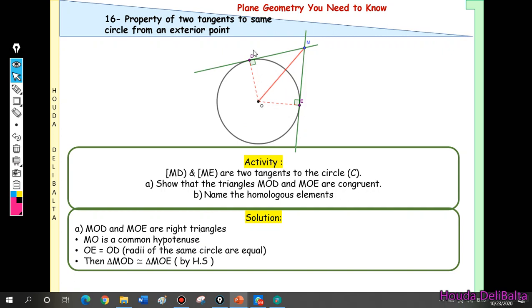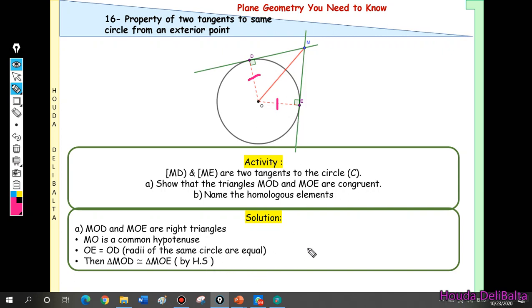OE and OD are the sides we are going to use, because we cannot know anything about angles here. We don't have any idea about angles, but we have an idea about radii, because OD and OE are radii. They are equal, so we can maintain equal sides from this triangle and this triangle, and thus triangle MOD is congruent to triangle MOE by HS.